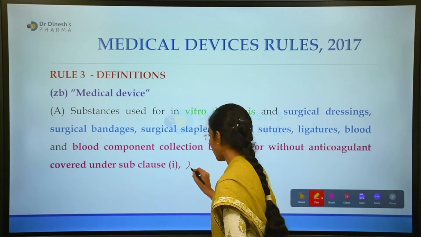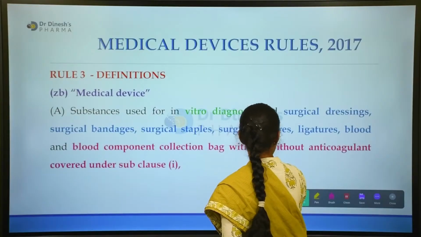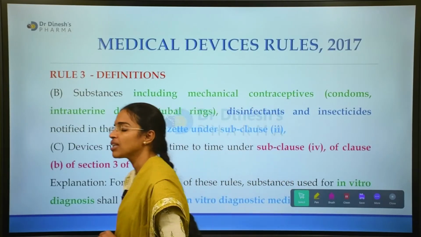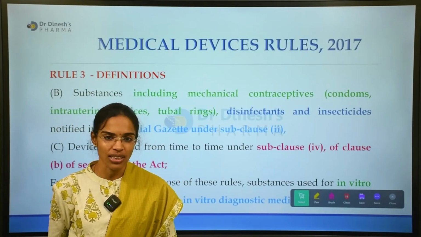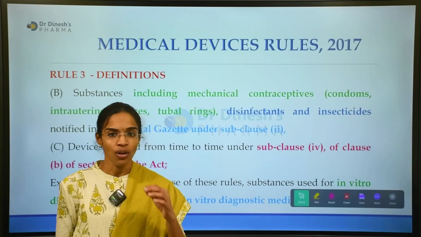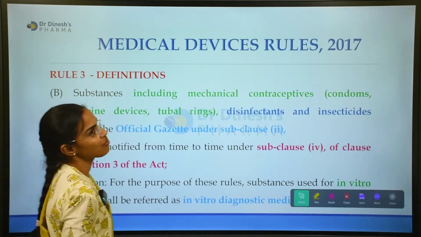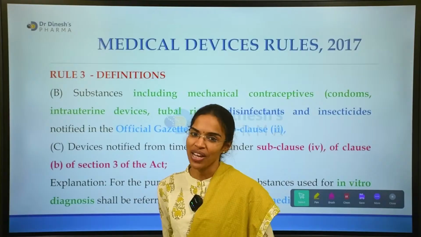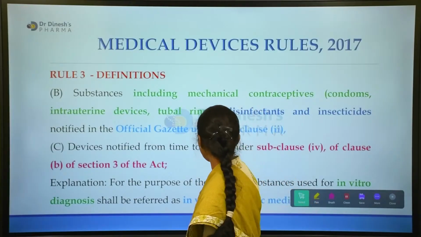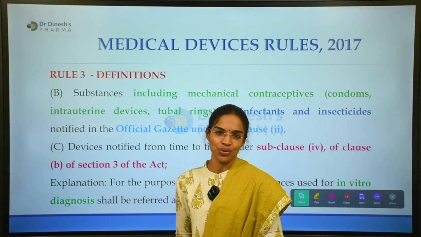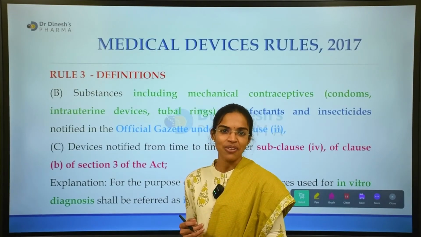And there are some other substances, like the mechanical contraceptives other than medication, non-medicated mechanical contraceptives, and also the disinfectants and insecticides, the classification of which we have already gone through, and which are notified in the official gazette, under subclause 2 of Rule 2, MDR 2017.